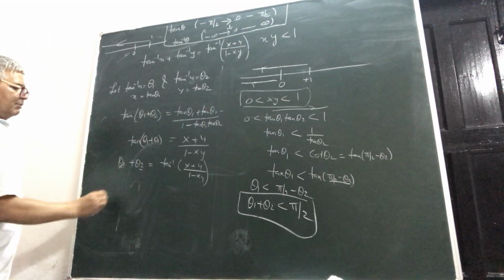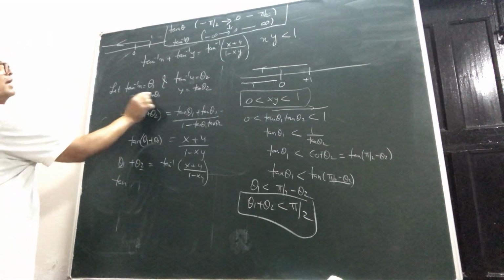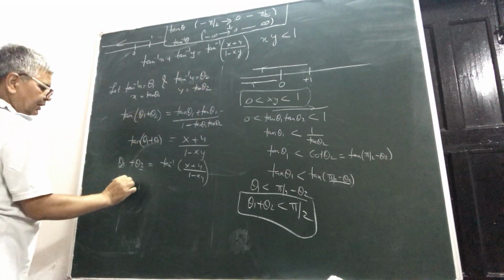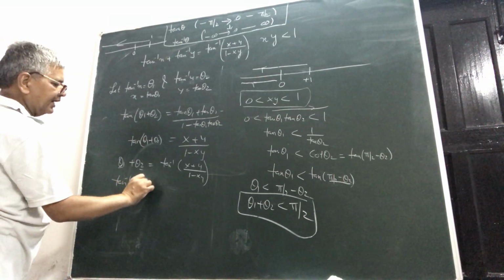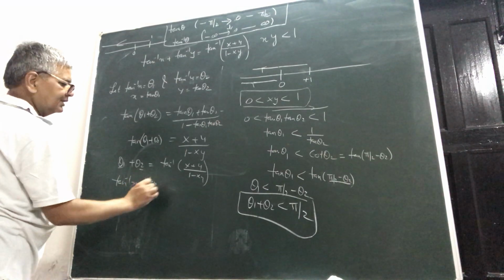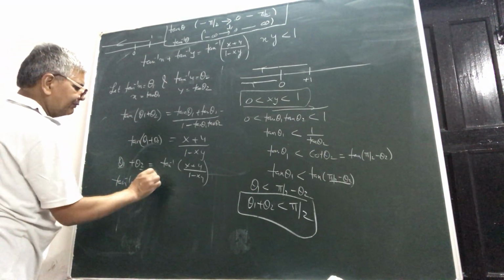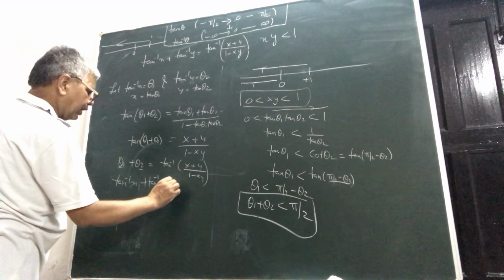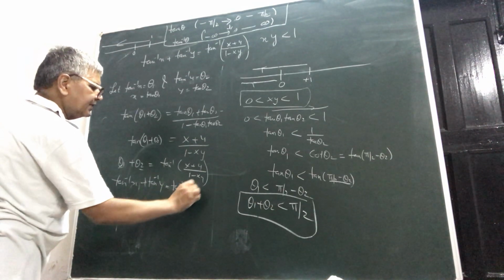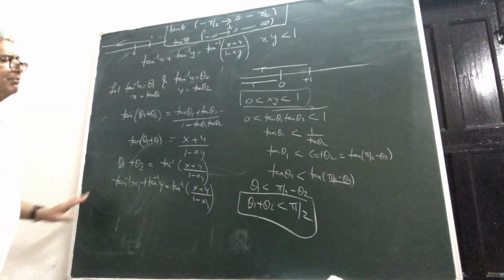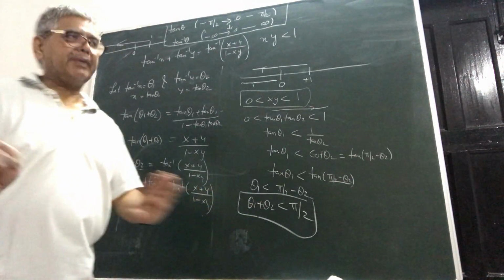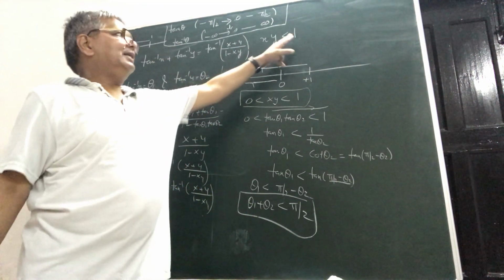And for theta 1 plus theta 2, you put their respective values, tan inverse x and tan inverse y, and you get the result. So there is hardly anything difficult in it. Only what you need to show is that under these conditions, you can come to your principal branch. And that is why xy is less than 1.